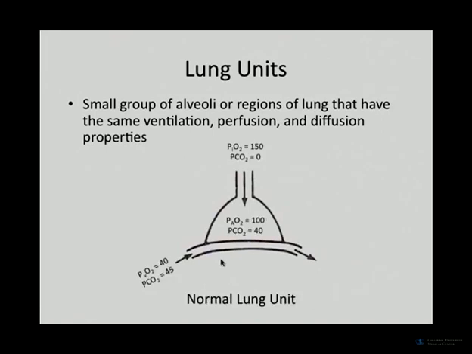So this is the ideal normal alveolus that we've built over the last couple lectures, based on how much PiO2 is coming down to this alveolus, how much PCO2, which is 0, there's very little in the atmosphere, and how much venous oxygen is coming after the body has taken out what it needs. That's what's left over.